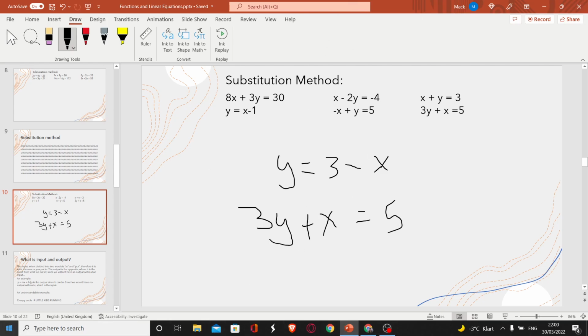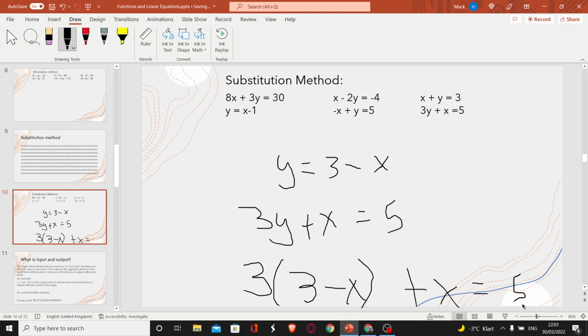Do the same thing here. 3 times y, I'll write this in brackets, 3 times 3 minus x, plus x equal to 5, and 3 times 3 minus x in distributive property I know is 9 minus 3x.